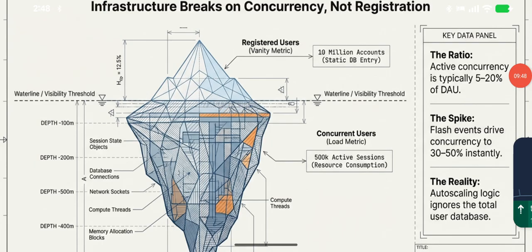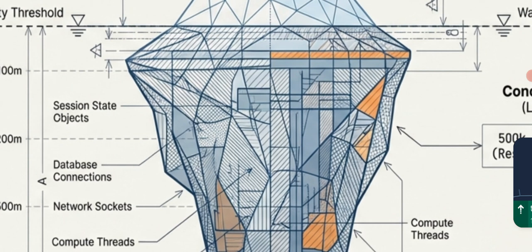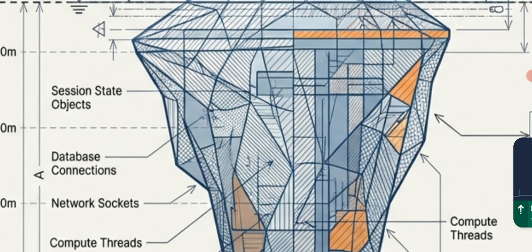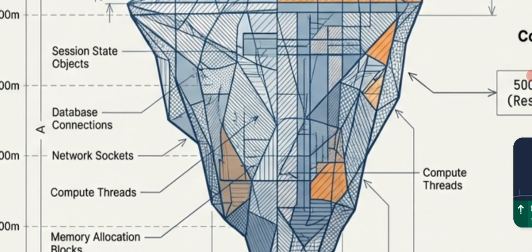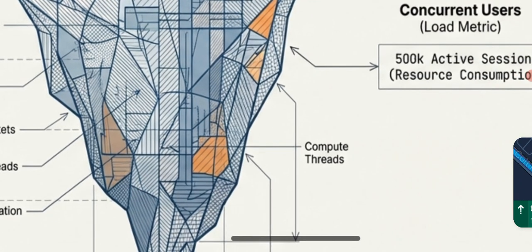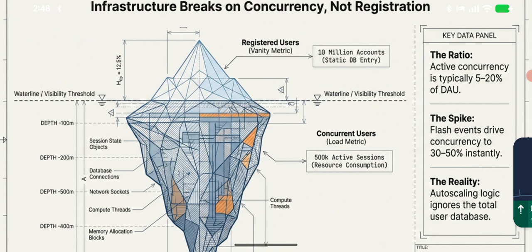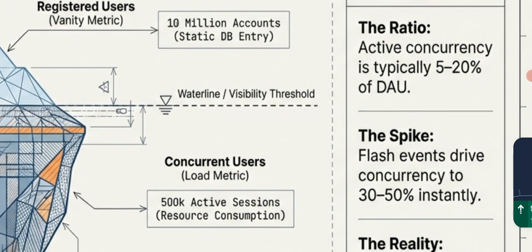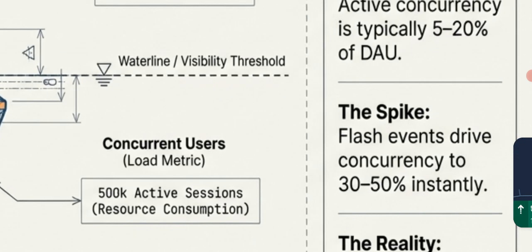There might be a huge number of registered users, but it all depends on the session states, database connections, network sockets, compute threads, memory allocation blocks, and so on. So active concurrency is typically 5 to 20%. In regular time it would be 5%. In peak loads it will reach up to 20%, right?